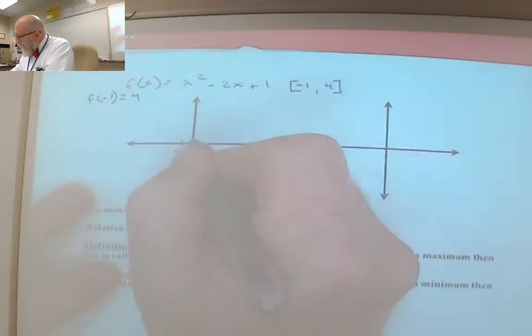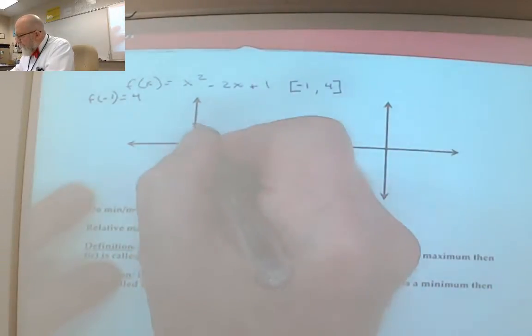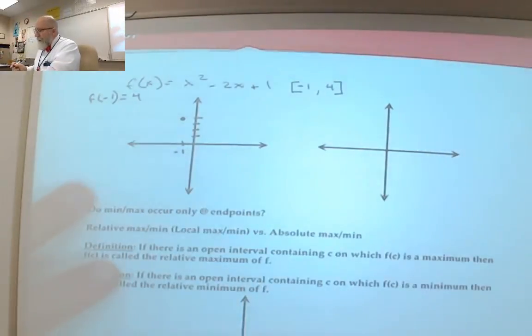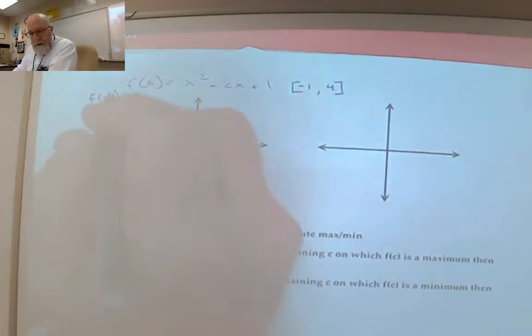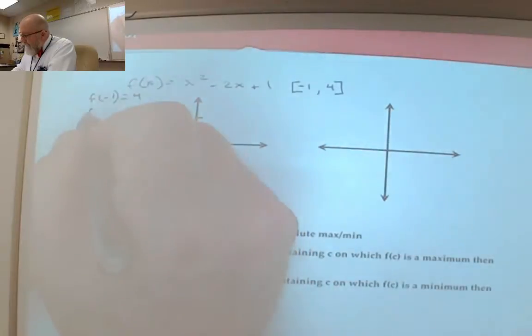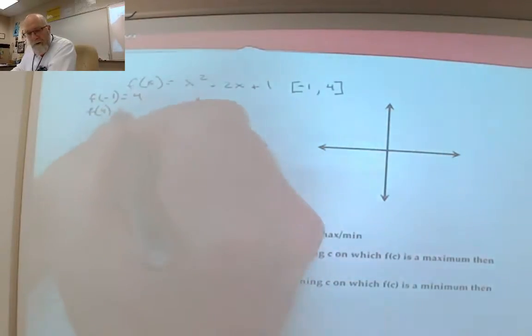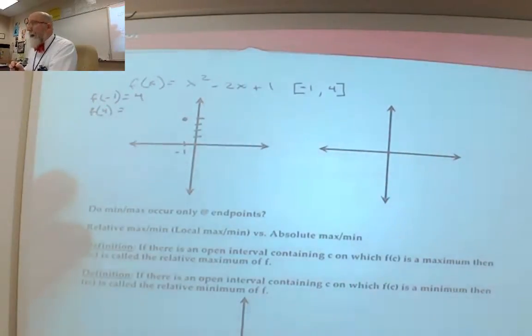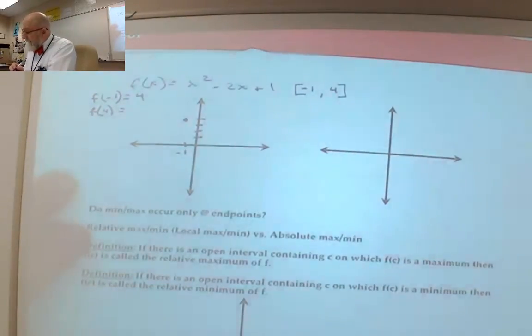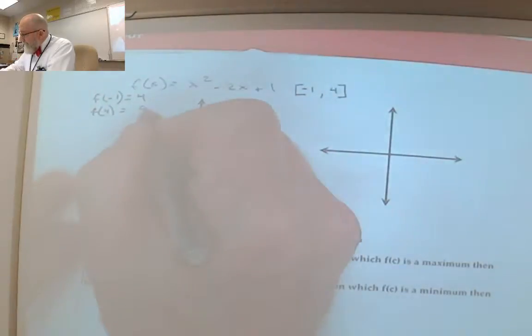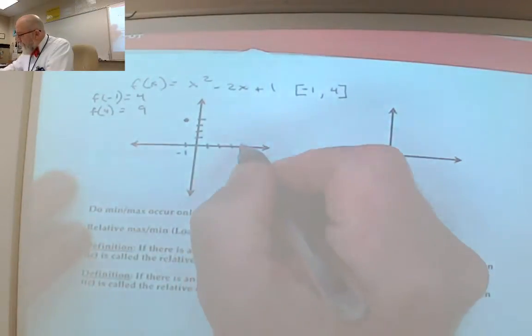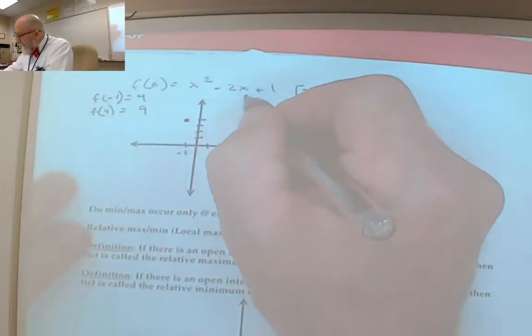So I'm going to scale it 1, 2, 3, 4 right here. And my other one is 4. That's my right endpoint. What do I get for that? 9. And so I'm going to just make 9 up here. I'm going to go 1, 2, 3, 4. I didn't scale this very good. All right.